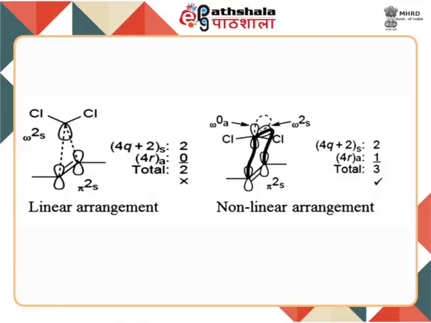To explain the linear and nonlinear geometry, let us consider the addition of a singlet carbene, CCl2 dichlorocarbene, to an alkene to make a cyclopropane ring, which is a 2+1 cycloaddition.